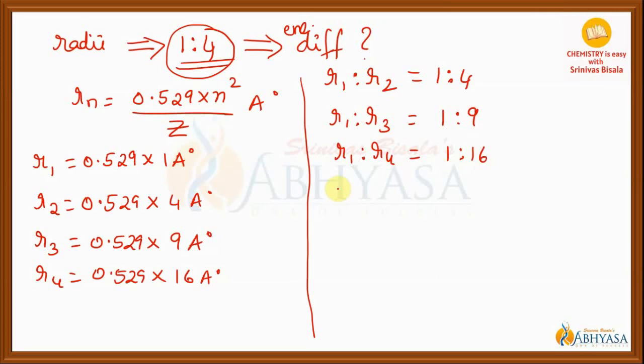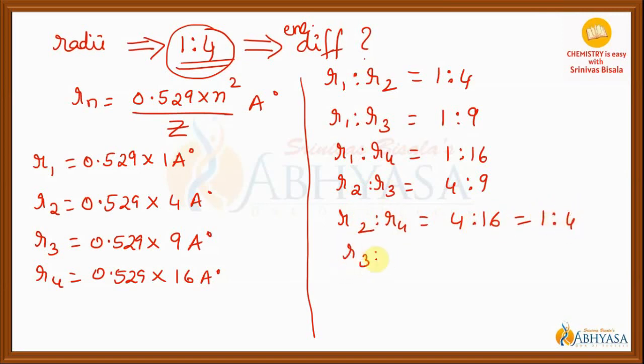Let us take the other combinations. R2 is to R3, this is 4:9, and R2 is to R4, this is 4:16, and this becomes 1:4. And the last one, R3 is to R4, is nothing but 9:16. So now from this, find out which of them are having the radius ratio as 1:4. This is one and this is the other one, isn't it?